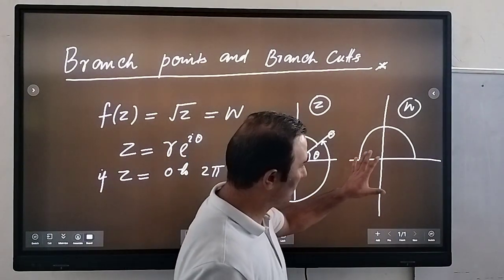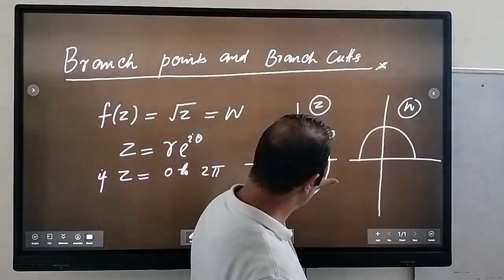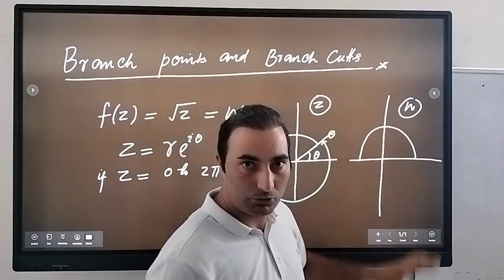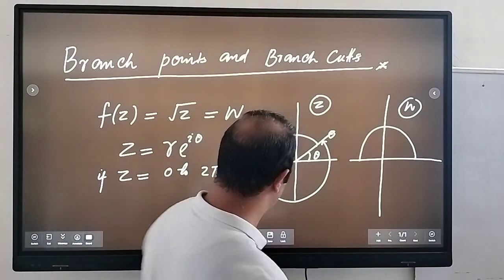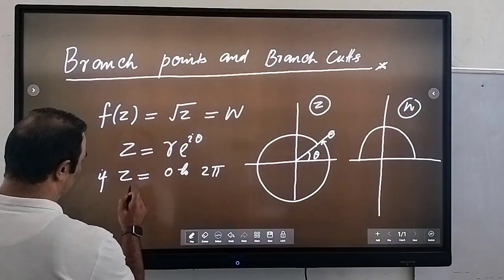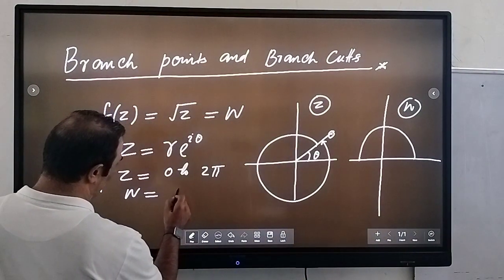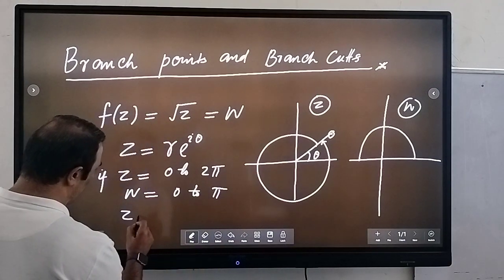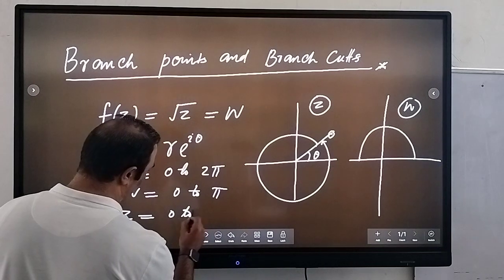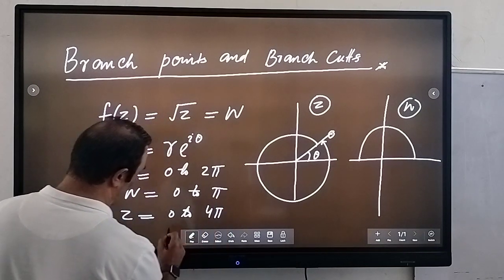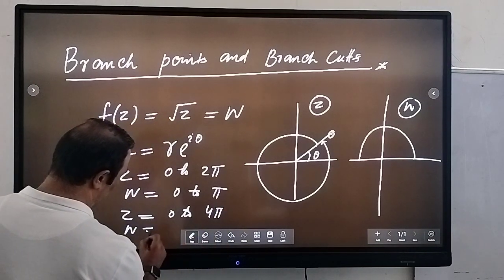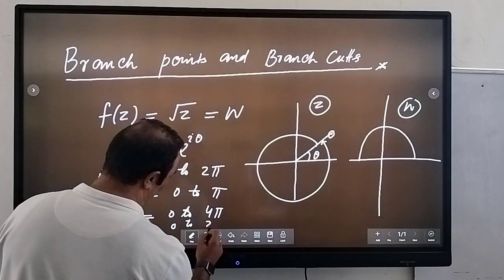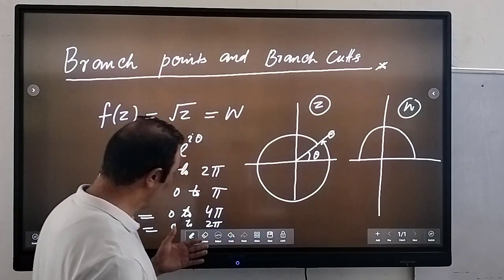Now, in order to make the complete transformation from the z plane to the w plane, we need to rotate twice. Here w will go from 0 to pi. So if z goes from 0 to 4 pi, then w will go from 0 to 2 pi. So what does that mean?